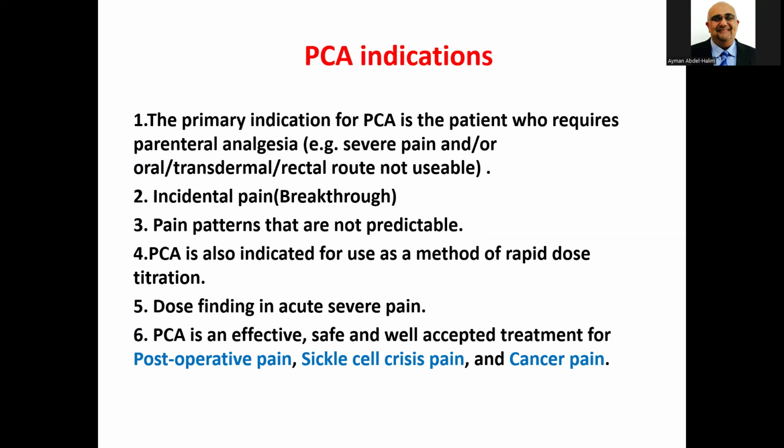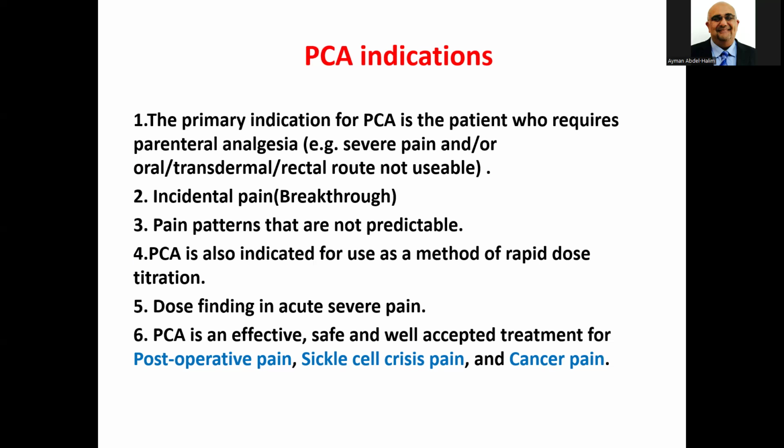PCA indications. The prime indication for PCA is a patient who requires parenteral analgesia, such as severe pain, and/or transdermal or rectal routes are not usable. Incidental pain, we talked about this. Pain patterns that are not predictable. PCA is also indicated for use as a method of rapid dose titration, in acute severe pain.